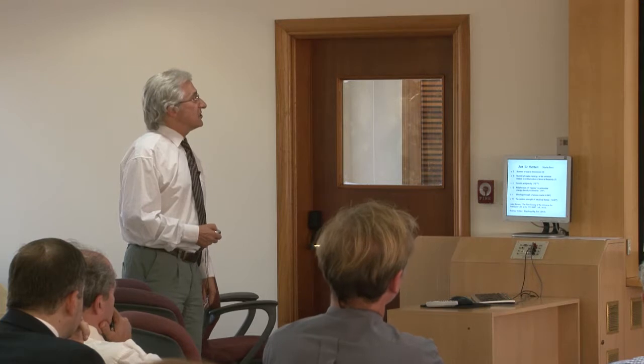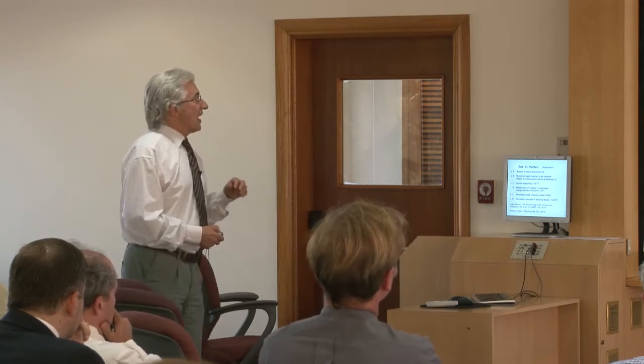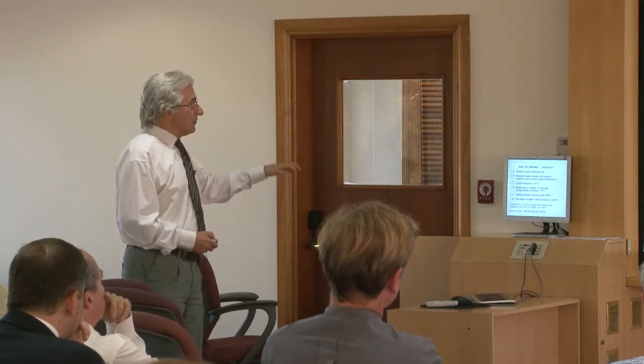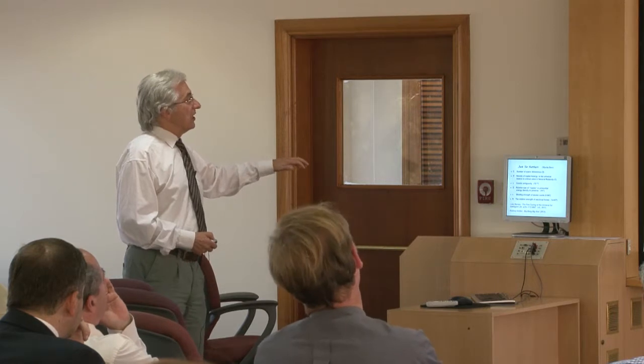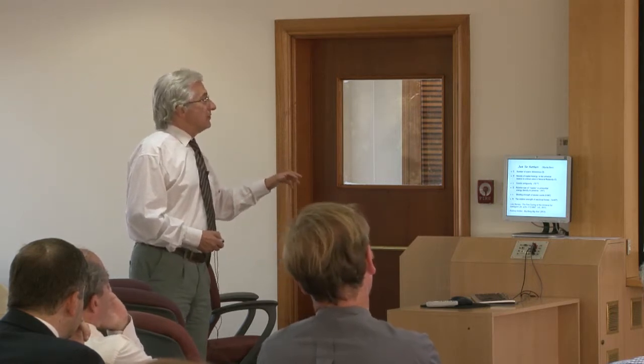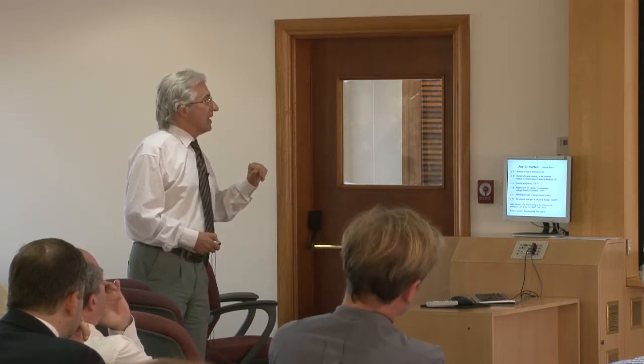Something to do with the density of matter in the universe. Something to do with something that Einstein invented called cosmic anti-gravity. Something to do with fluctuations in the early universe. Something to do with the strength of nuclear forces. And something to do with the relative strength of the electrical forces.